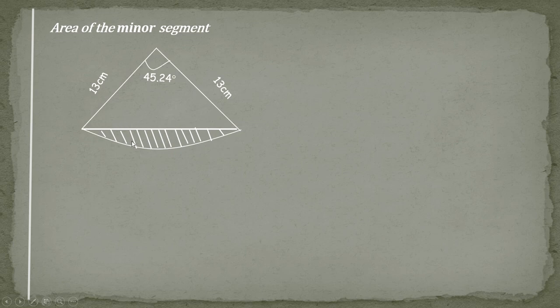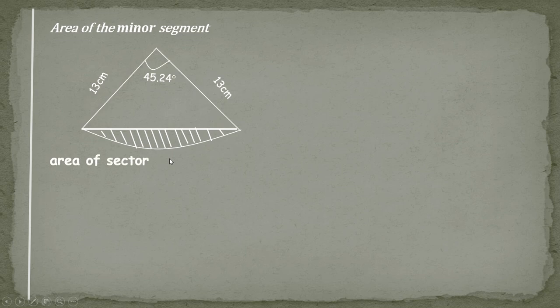That will give me the area of the shaded part, the area of the minor segment, which is the area that I've actually shaded here. So we can now proceed.